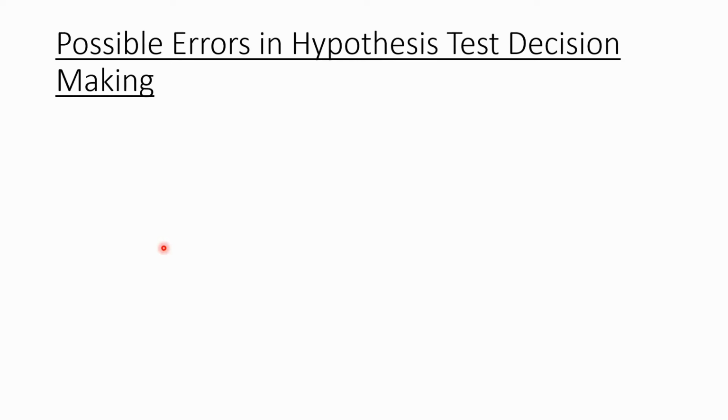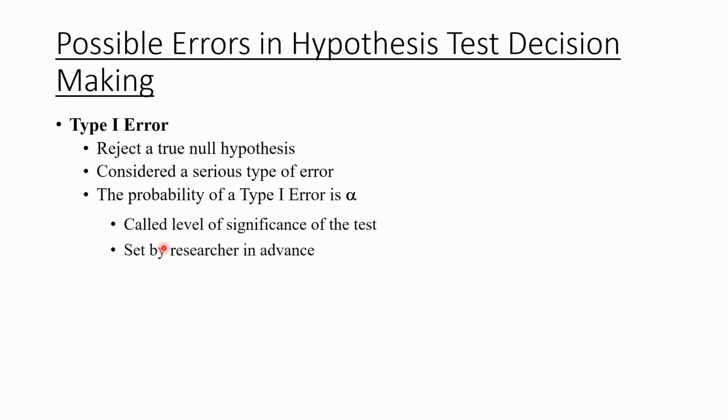Now type 1 error is considered a very serious type of error. So what is this? Type 1 error is where you reject your H naught, or your null hypothesis, when it is true. So when you're rejecting a true null hypothesis, that is considered a type 1 error, which is a serious type of error.